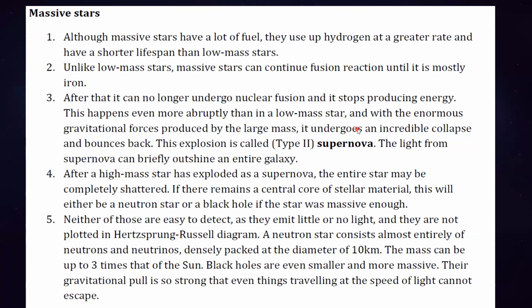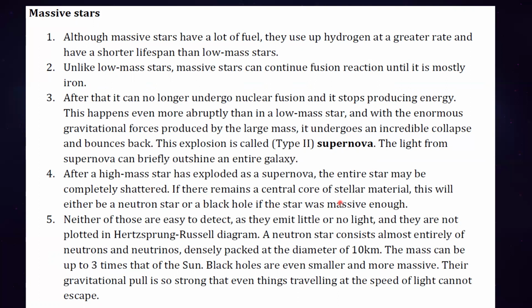As a result, this incredible collapse produces an explosion. This explosion is called a type 2 supernova. And the light from a supernova can outshine the entire galaxy. When a supernova happens, the light coming from the entire galaxy can be outshined by the supernova.